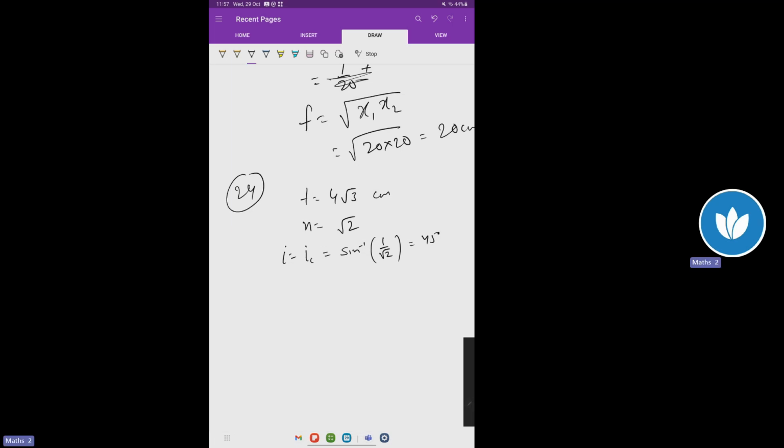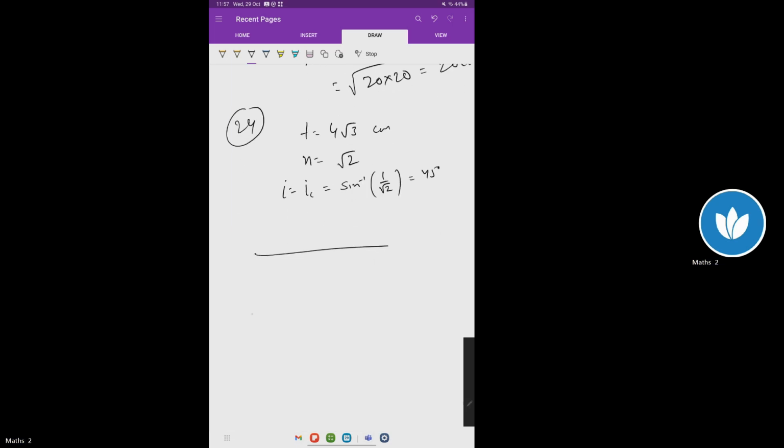Find the lateral displacement of the ray after passing through the glass slab. Incidence angle is 45 degree.